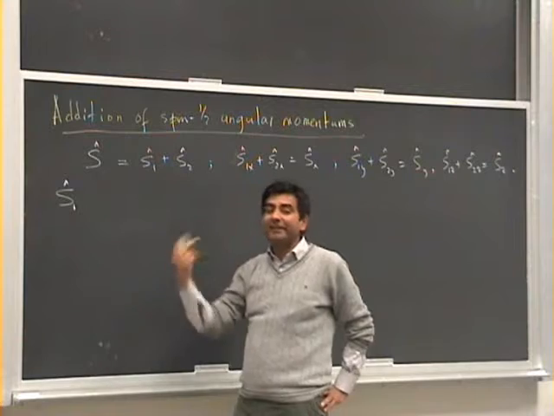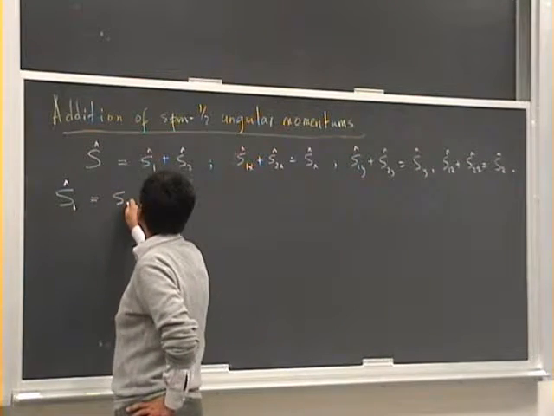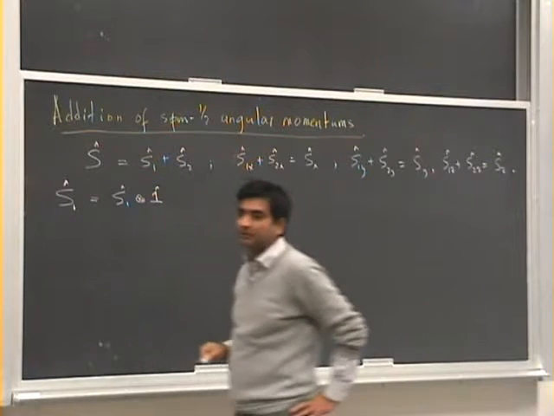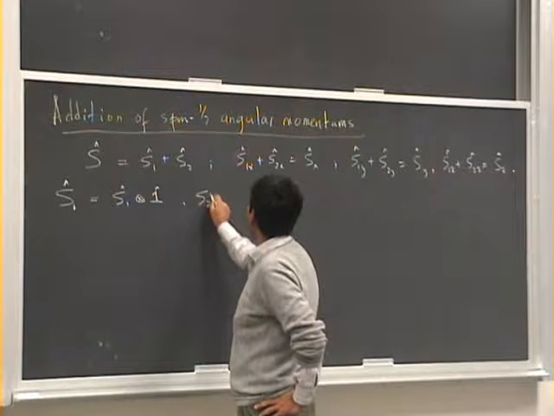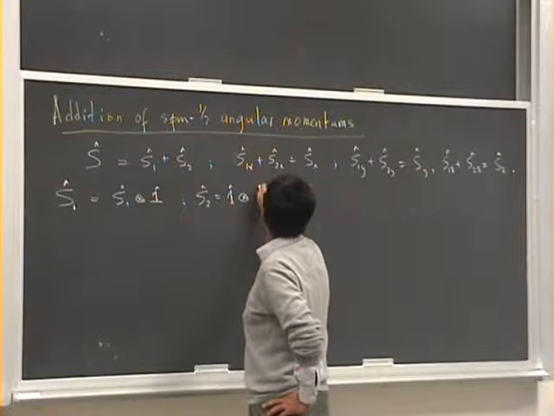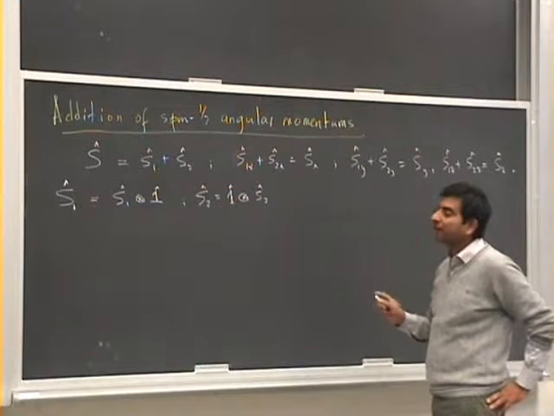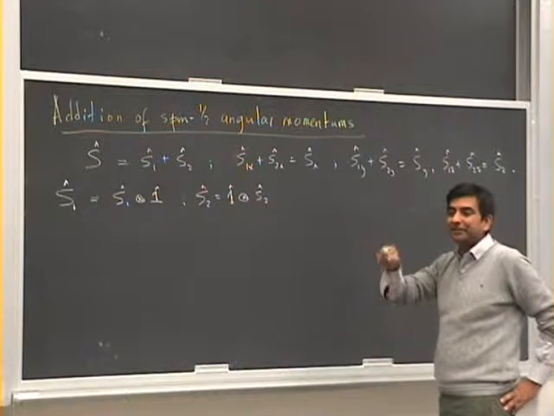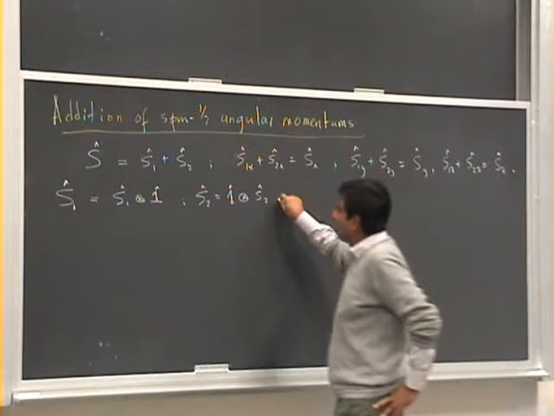No, S1 really is a shorthand for S1 tensored with the identity. Okay, remember this. And S2 is really a shorthand for identity tensored with S2. So these are shorthands. So you have to look at the context of what is the meaning of S1 and what is the meaning of S2.